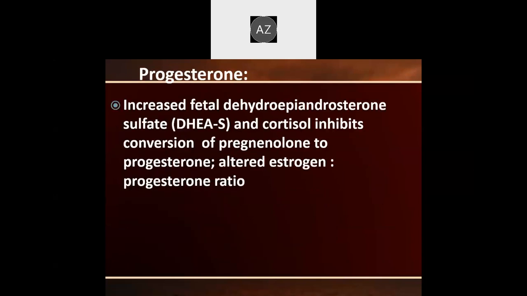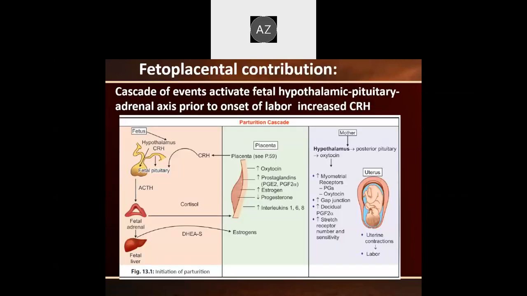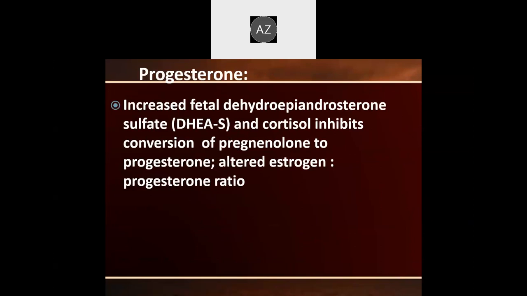Now, progesterone decreases by the effect of cortisol, as we've said here. So cortisol is going to decrease progesterone. So by nature, progesterone decrease is going to cause an increase in the estrogen ratio. So the ratio is altered, and therefore we're going to have onset of labor.